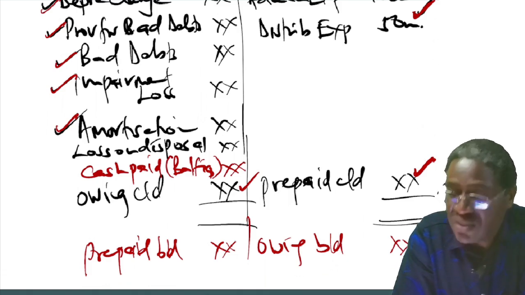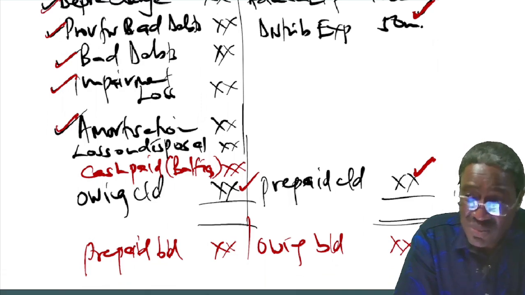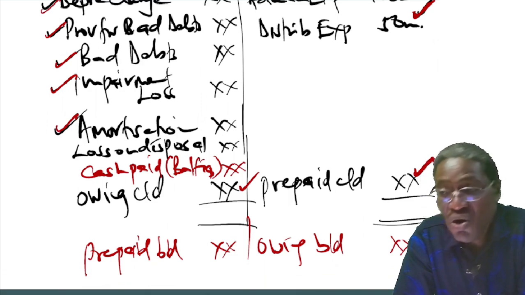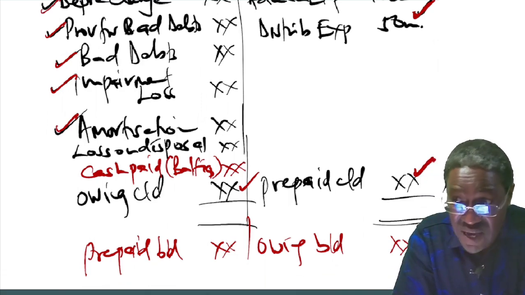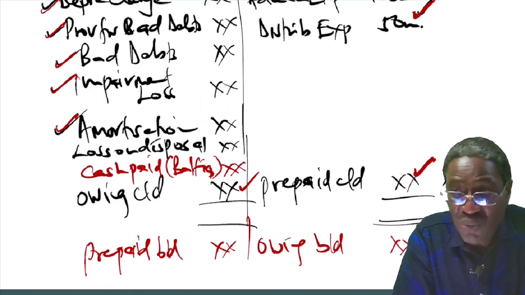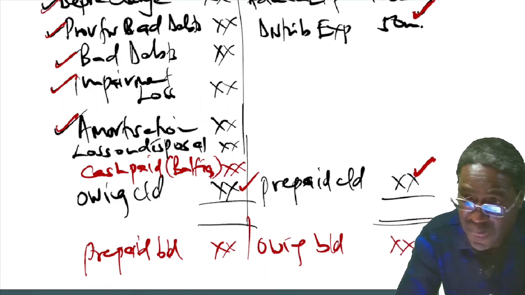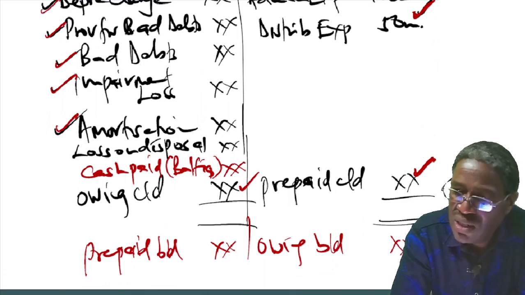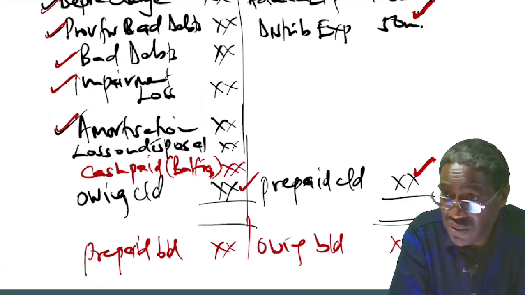Another thing I've said, if there's a gain on disposal, as much as it's true, it's a non-cash item. Whether you are using it or not again depends on whether it is shown separately or not shown separately. For accountant B, I said, don't use it. Why? Because it was shown separately in the income statement.